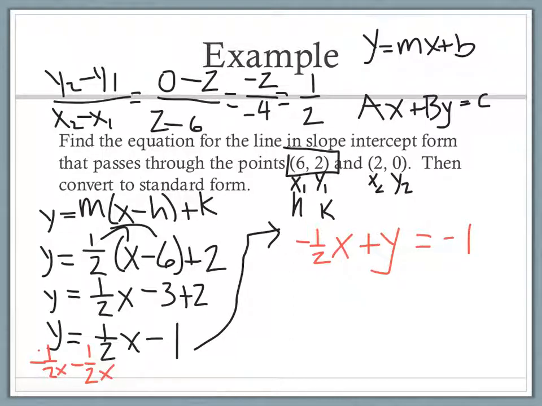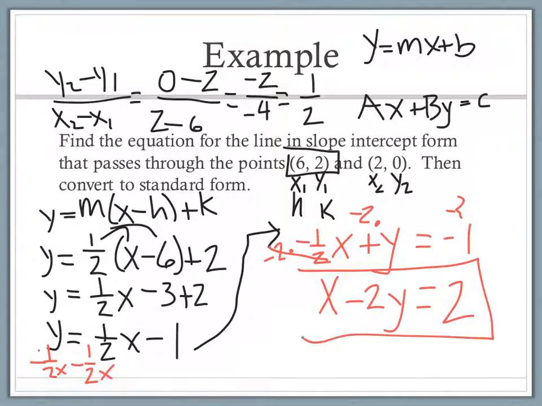Now I want to get rid of the negative in front and also that fraction. So I'm going to multiply everything by negative 2. Remember, we just multiply by whatever the denominator is. So this cancels out to just be a positive 1x minus 2y equals, negative 2 times negative 1 is a positive 2. And that is our final answer.